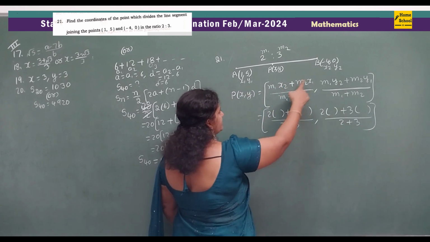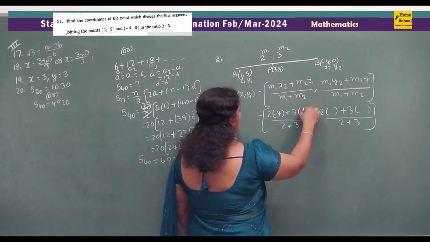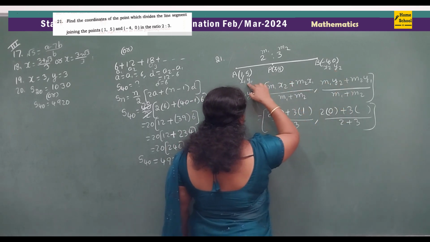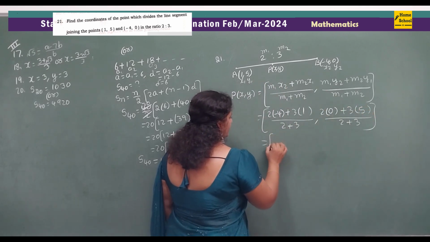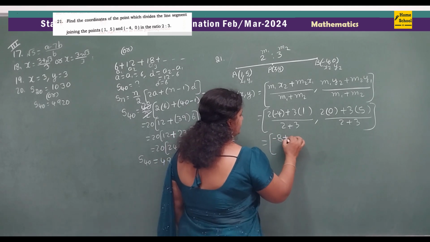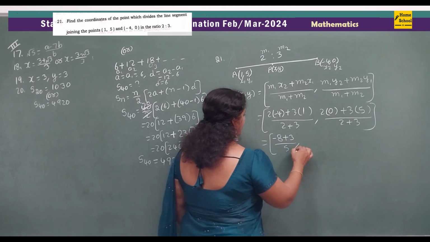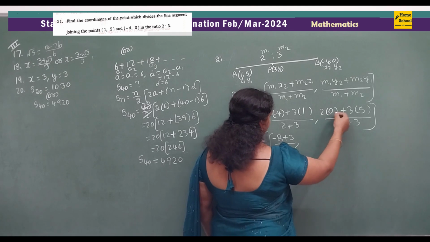Now, what is the x2 value? Minus 4. x1 value is 1. y2 value is 0. y1 value is 5. That is minus 4 twos are 8 plus 3 by 2 plus 3 is 5. 2 zeros are 0, no need of writing that here.